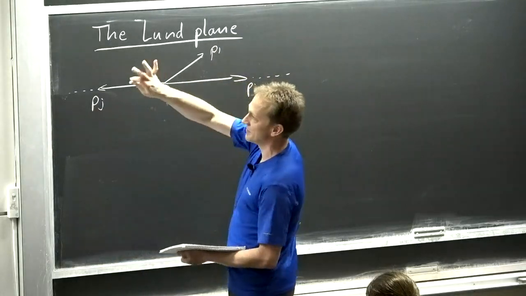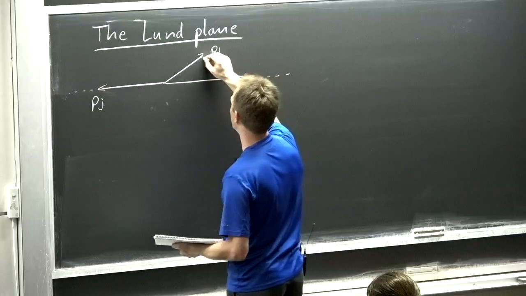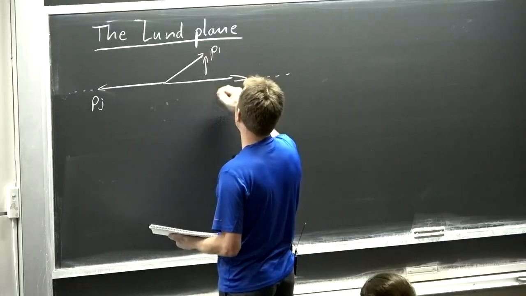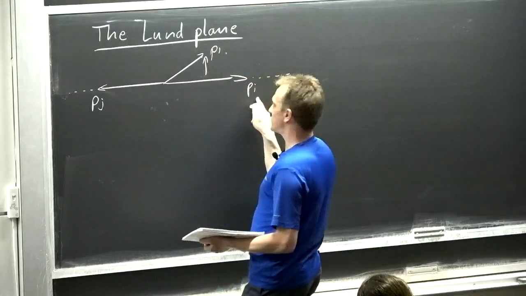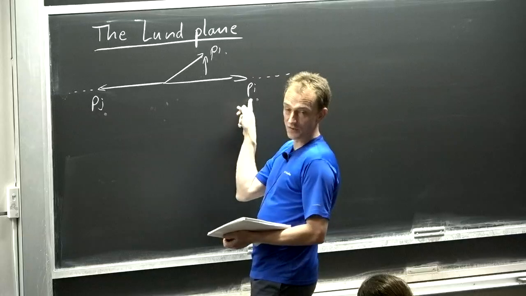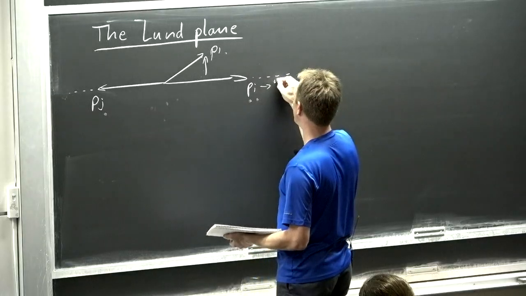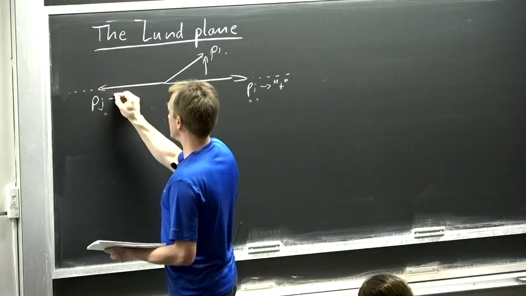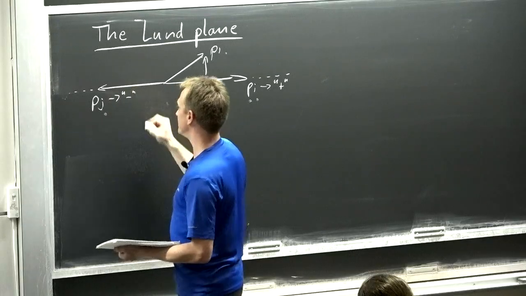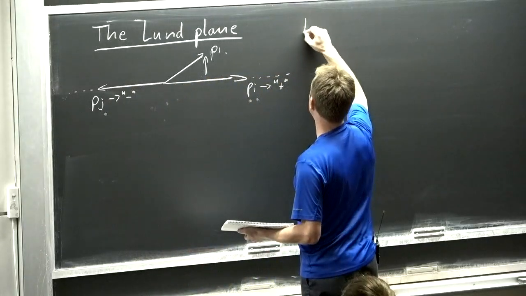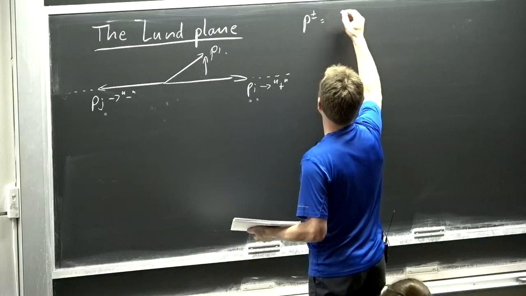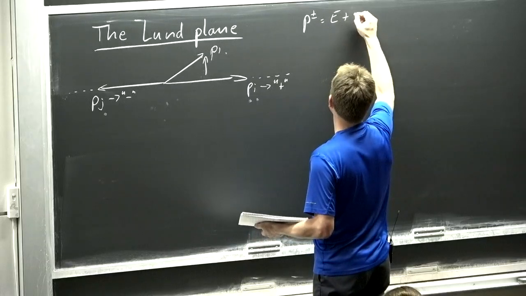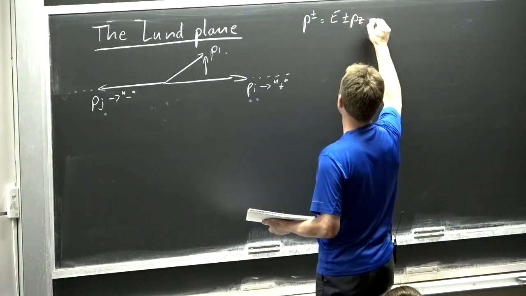It will just help me because I will need 2 emissions later on again. So these 2 momenta don't have a transverse component. This here is purely plus. It only goes in the forward direction. This here is purely minus, in the notation of P plus minus being E plus or minus PZ.